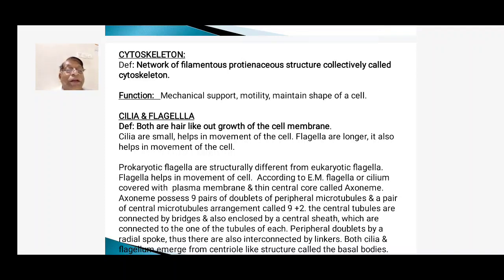What is the arrangement? The arrangement of microtubules we call 9 plus 2. The central tubules, see the diagram, are connected by bridges. Not only the bridge, they are also enclosed by the central sheath. You can see the red color. Central sheath is there.